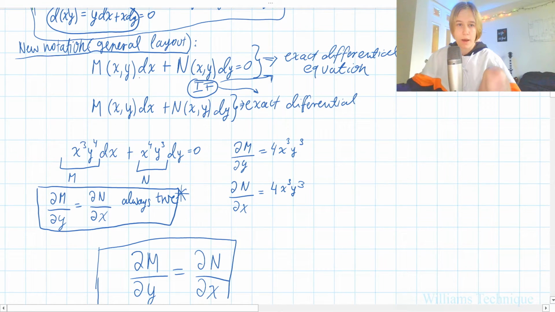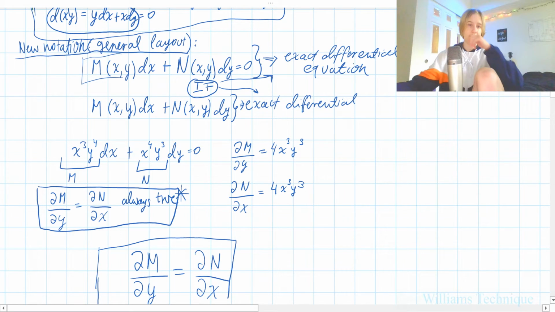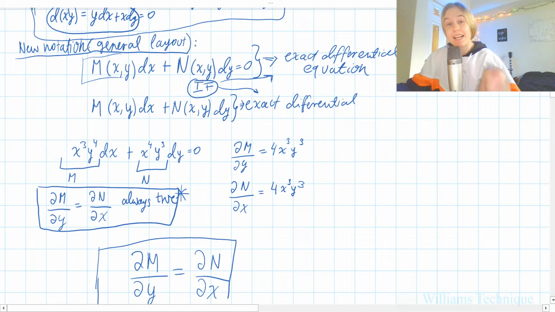So a more general layout for this is that we have some function M(x,y) dx plus N(x,y) dy equals 0. Now this whole thing up here is an exact differential equation because it equals 0.